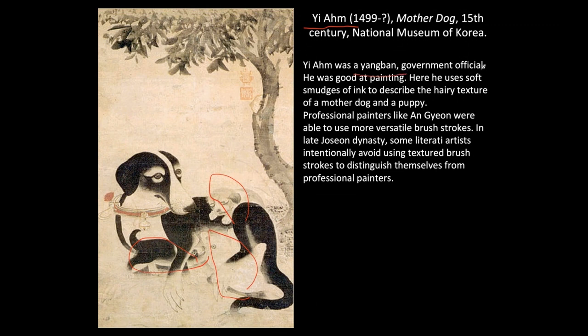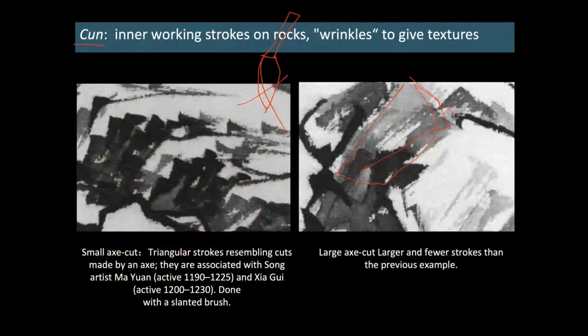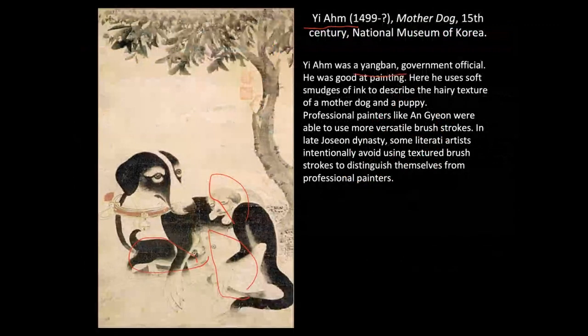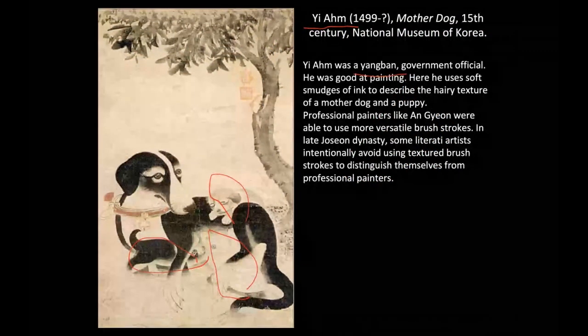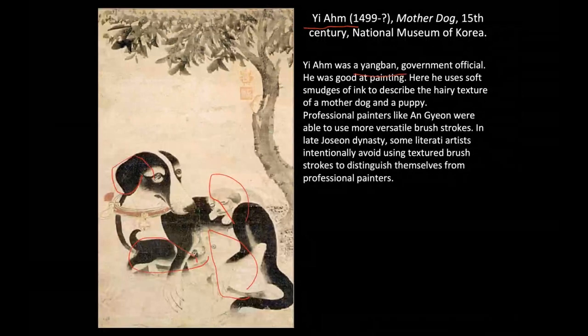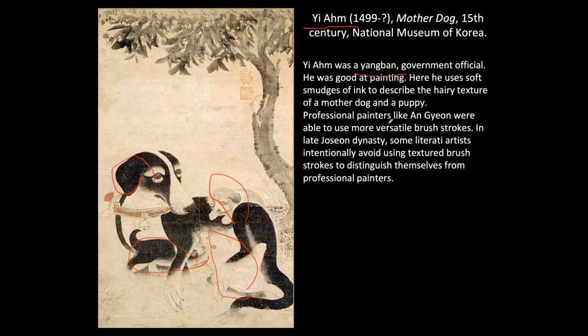He was a government official, but for his hobby, for his leisure, he painted. He painted well. In his case, he didn't use a lot of fancy brush strokes. He just used soft watercolor, and these ink gradations for puppies and dogs.